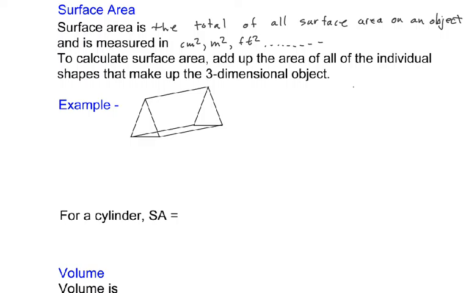So what we'd need to do to get the surface area is calculate 2 triangles plus 2 side rectangles plus the bottom rectangle.